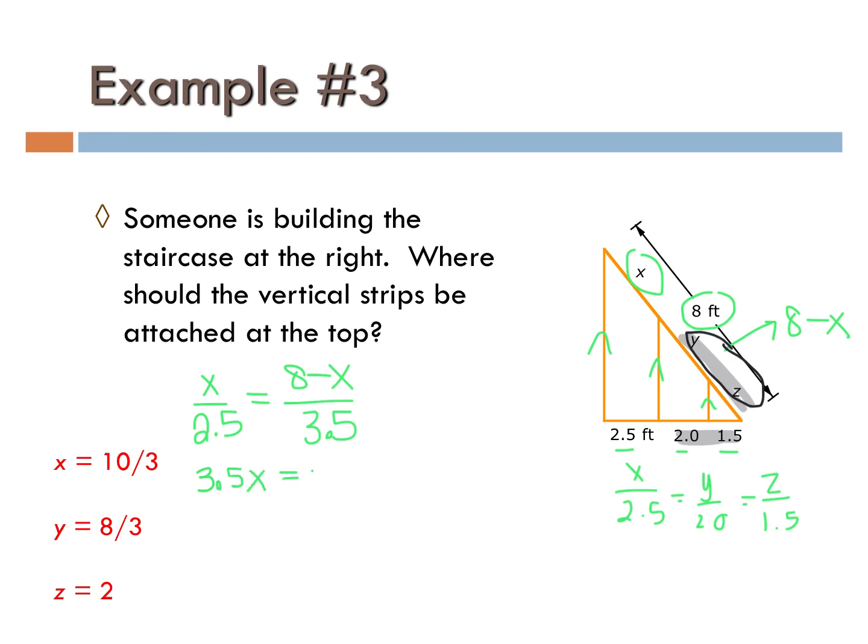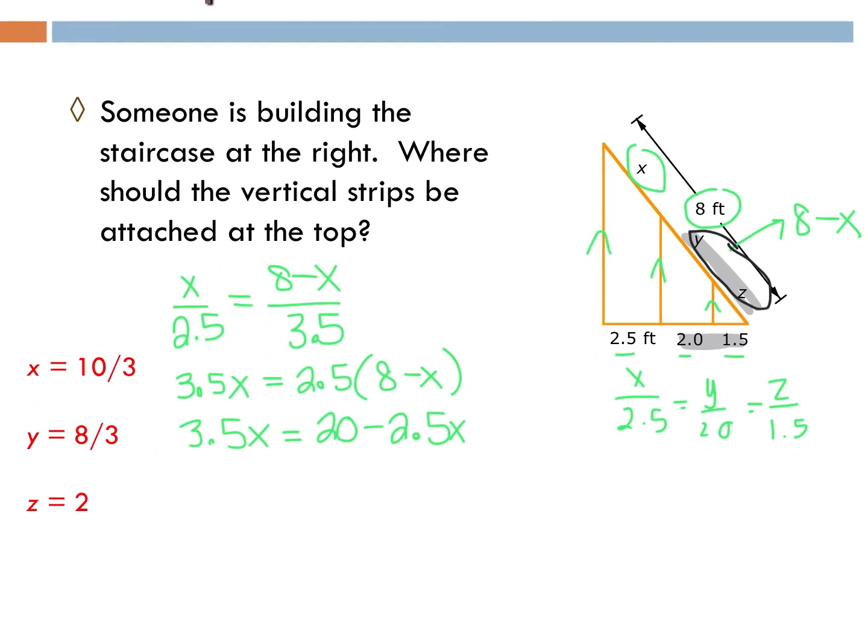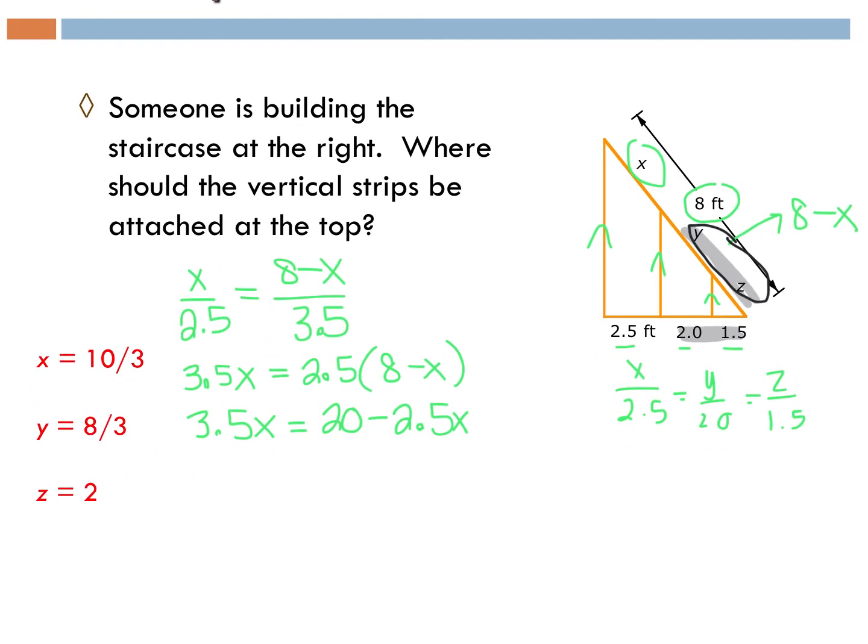And then this is going to equal 2.5 times the entire numerator, 8 minus X. We get 3.5x equals 2.5 times 8, which is 20, minus 2.5x. Add 2.5x to both sides, you are going to get 6x equals 20. Divide by 6 and let's reduce. 20 over 6 is going to equal 10/3. And that's how we get this answer.